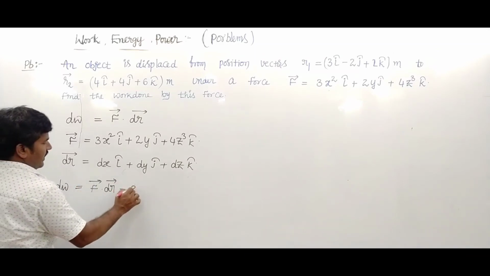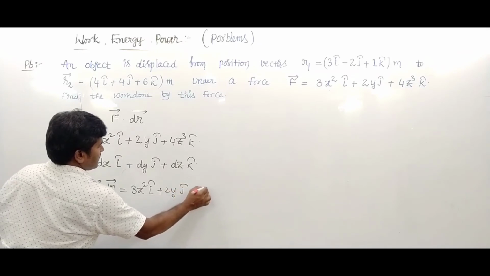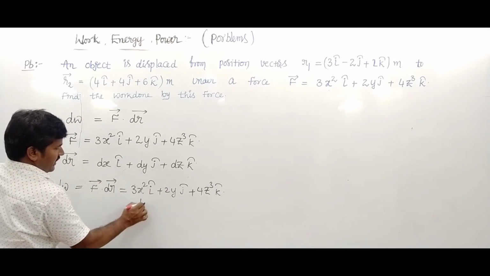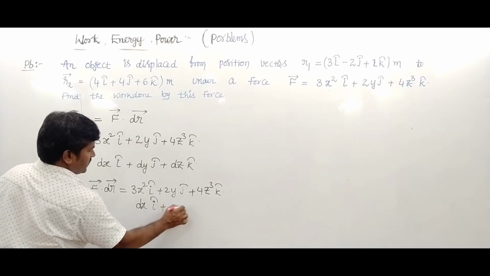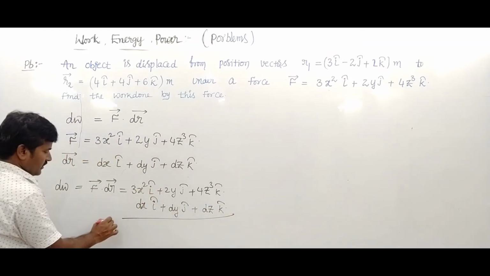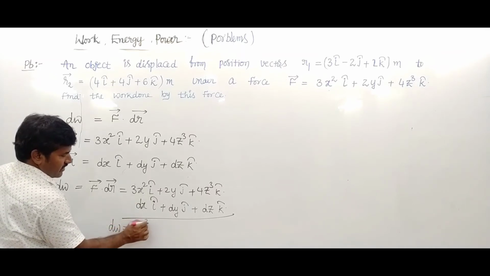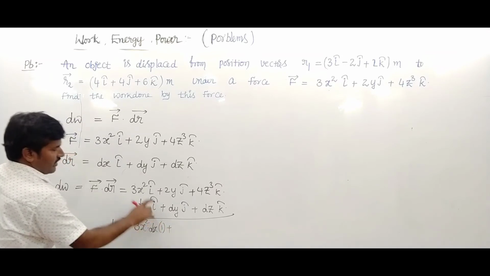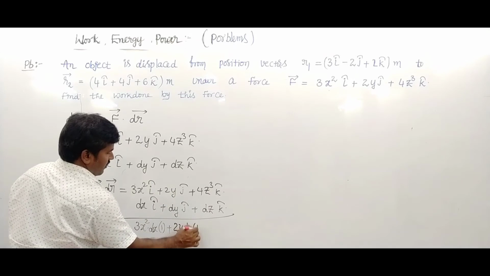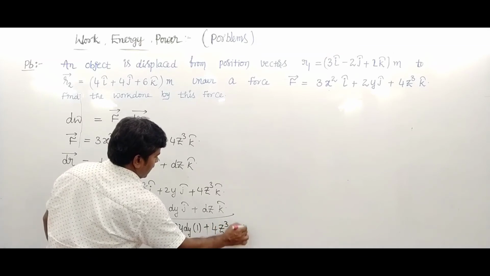Using these values, work done equals the dot product: 3x square into dx into 1, i dot i is 1, plus 2y into dy, j dot j is also 1, plus 4z cube into dz, k dot k is also 1.